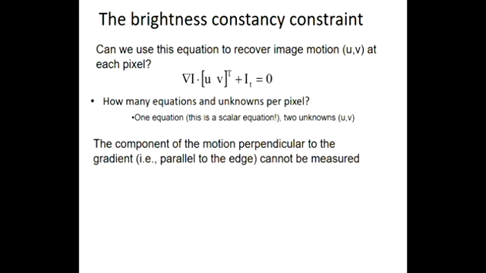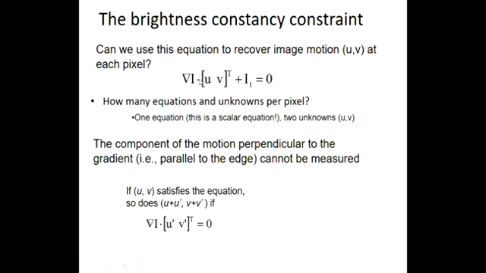So in particular, the component of motion that's perpendicular to the gradient can't be measured. If you think about it, if u and v satisfy the equation, then so does u plus u prime, v plus v prime, as long as del I dot (u prime, v prime) is equal to 0, right? Because if I add u prime and v prime to u and v, but del I dot (u prime, v prime) is equal to 0, then the equation will still give the same result.